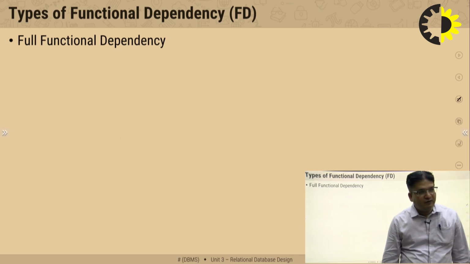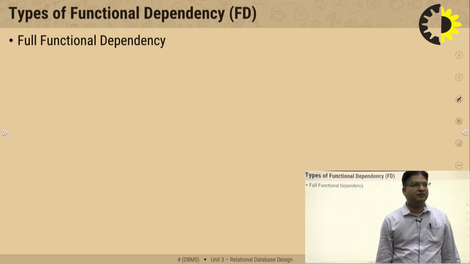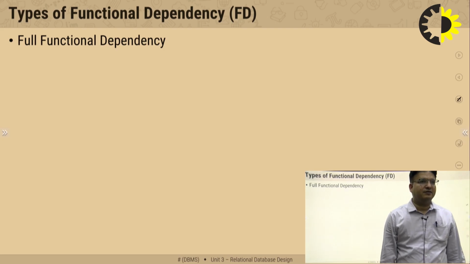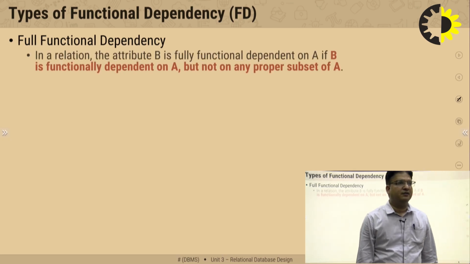Now various types of functional dependency. The functional dependency is of 3 types basically: full functional dependency, partial functional dependency and transitive functional dependency. First of all we will be discussing the full functional dependency.